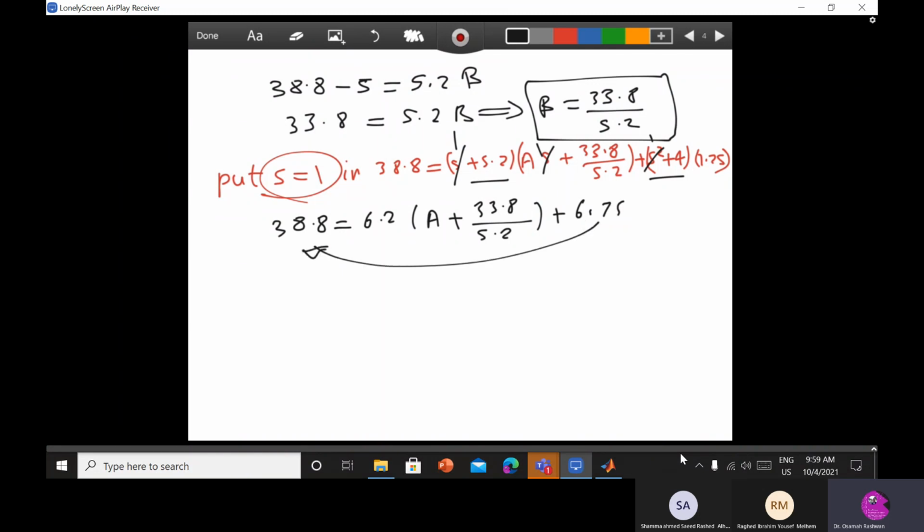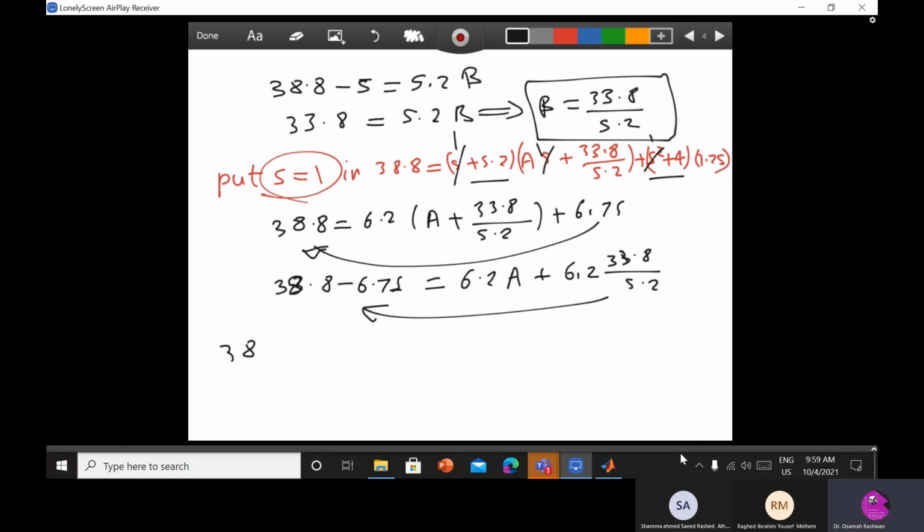So I will move this one to the other side. So I'll have 38.8 minus 6.75 equal to 6.2A plus 6.2 times 33.8 over 5.2. Now I'll move this one to the other side. So 38.8 minus 6.75 minus 6.2 times 33.8 over 5.2.